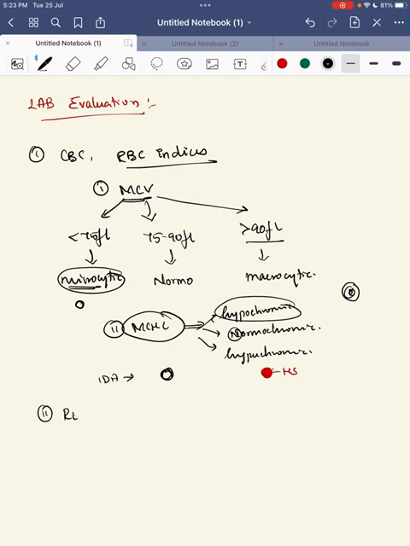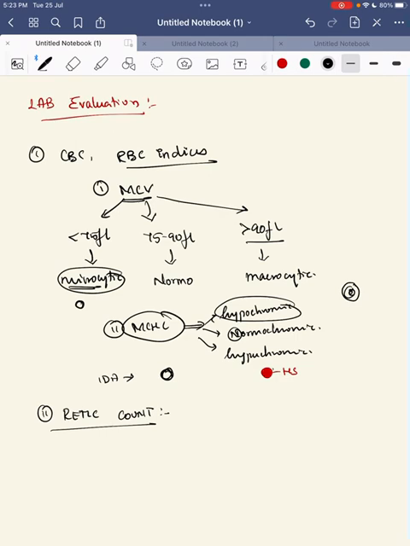Second is retic count. So what is this retic count? Retic count is the reticulocyte count. Reticulocytes are the immature RBCs. When you are evaluating a child with anemia, you have to do a corrected reticulocyte count. You should not just take the reticulocyte count.